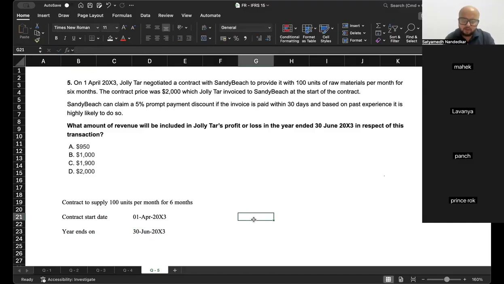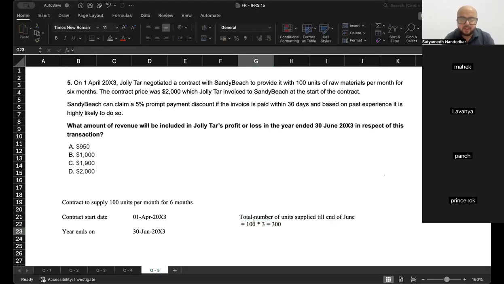Now, what is the total number of units supplied? Total number of units supplied till end of June. 100 into 3, that is 300. Is that correct? Yes, sir. 300 units have been supplied.